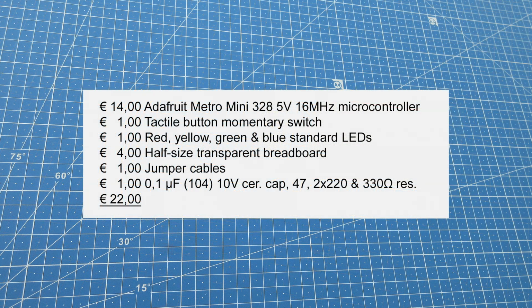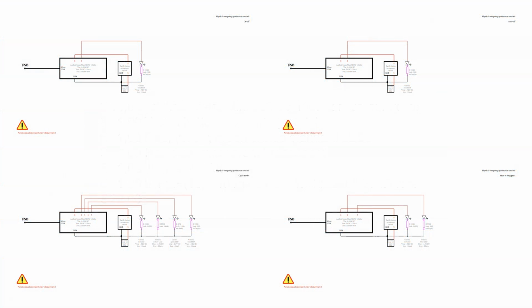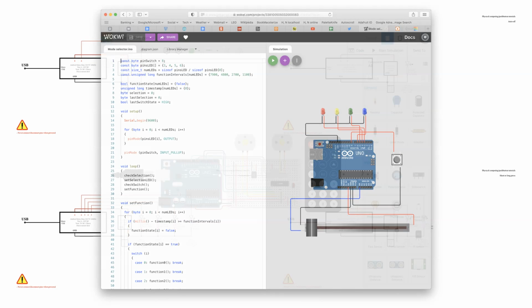You can find cheaper substitutes online for most parts, and we only use bits that you get with a typical starter pack. The wiring of each setup isn't difficult, and alternatively you could use an online Arduino simulator like Wokwi or Tinkercad.